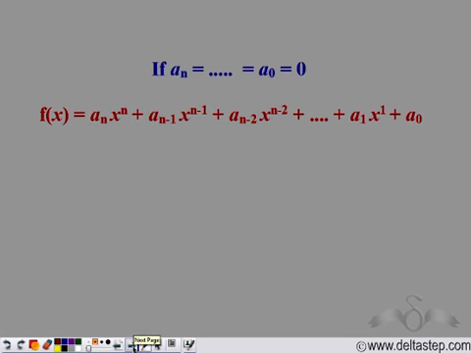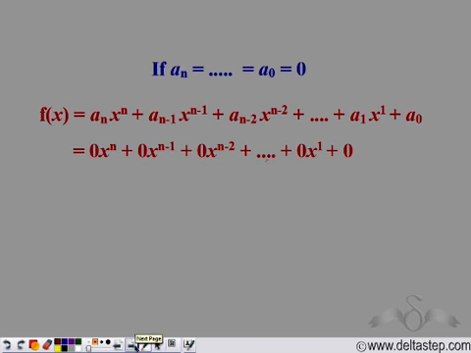Now, if all the coefficients are 0, that is if an, an minus 1, an minus 2, a1, a0, all the coefficients are 0, then what will you get? This entire thing will become 0 into x to the power n plus 0 into x to the power n minus 1 and so on.